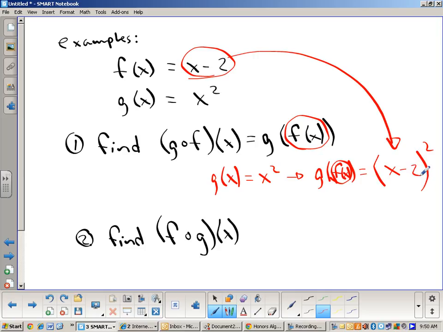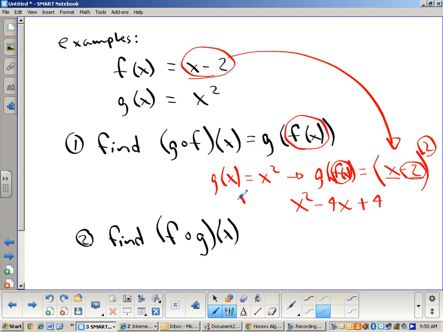Okay? Now, it's possible they left it this way, but it's not likely. It's likely they're going to go ahead and square that binomial, which gives me x squared. The middle term is x times negative 2 times 2. So that's going to be minus 4x. And then the last term is going to be negative 2 squared, which is plus 4.